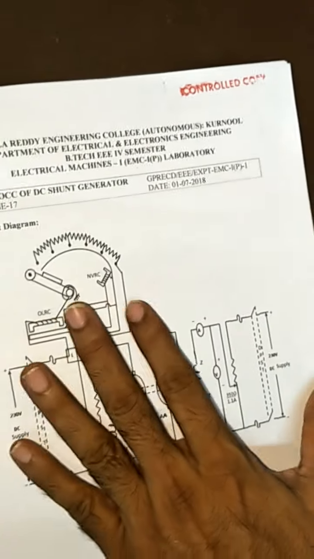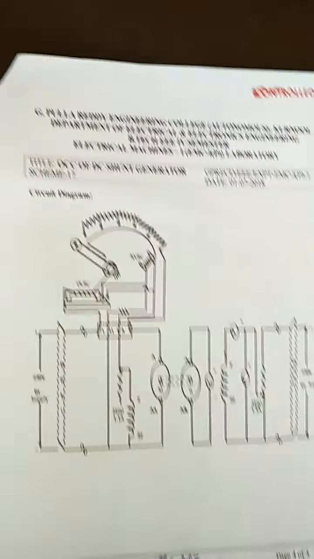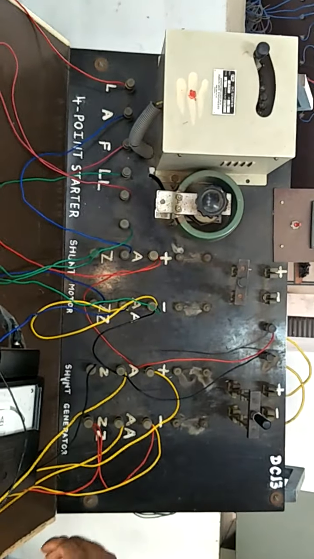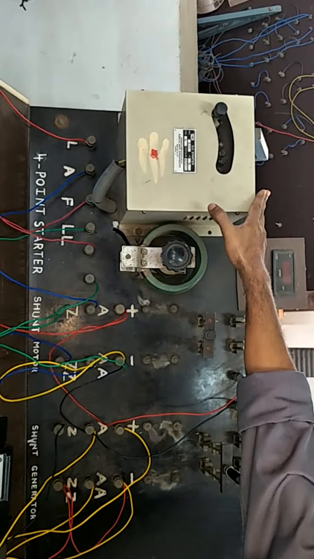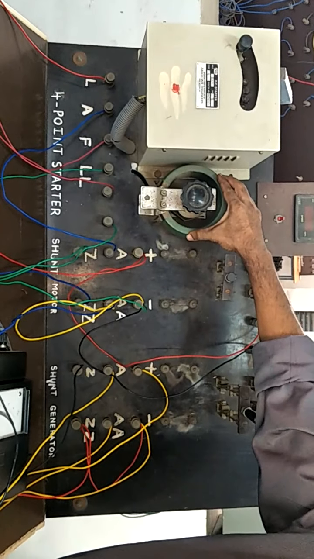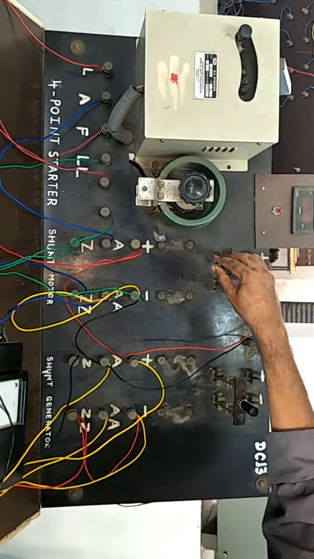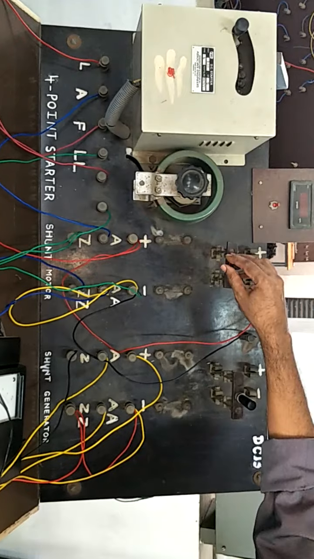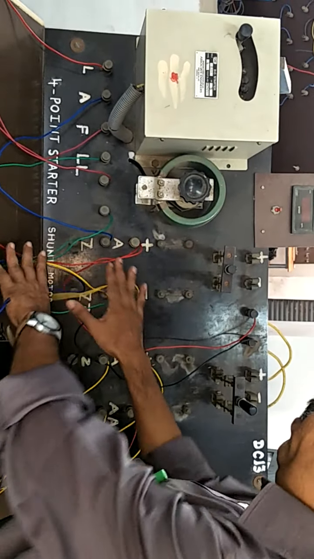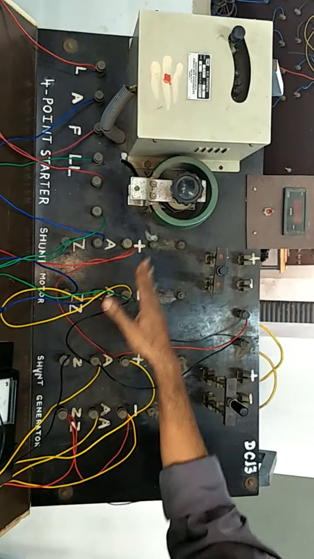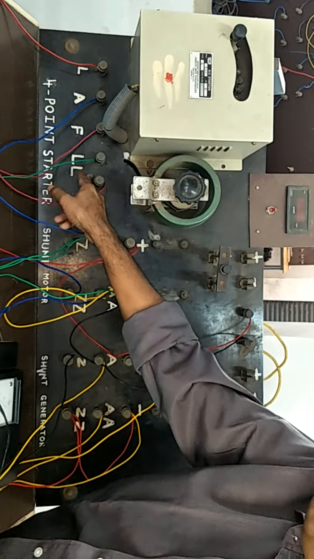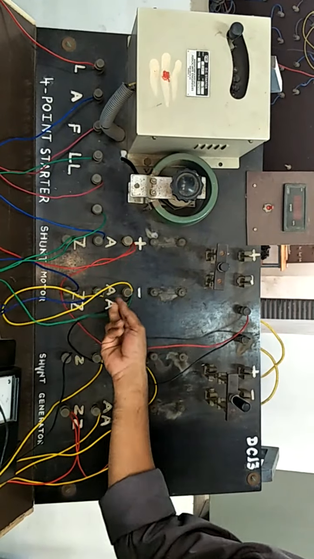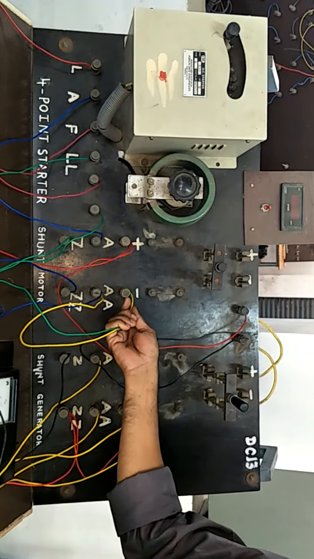Once you know the circuit diagram explanation and the nameplate details, then coming to the connections. The connections for the machine are as shown here. See here, this is the 4-point starter, and this is the field rheostat which I have shown in the diagram, and this is the supply for the DC motor, and these are the terminals for the DC motor. For the 4-point starter, you can see there is L, A, F, LL, and you have plus and minus symbols, that is the supply for the motor.